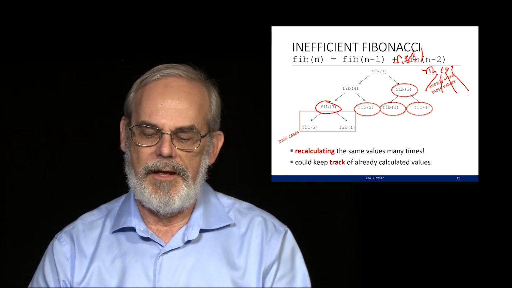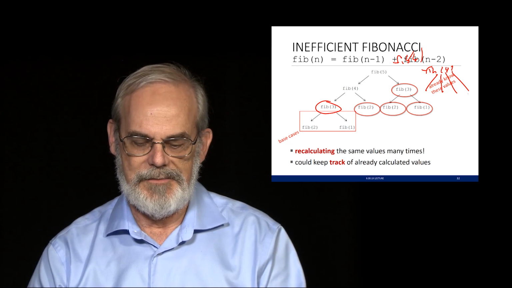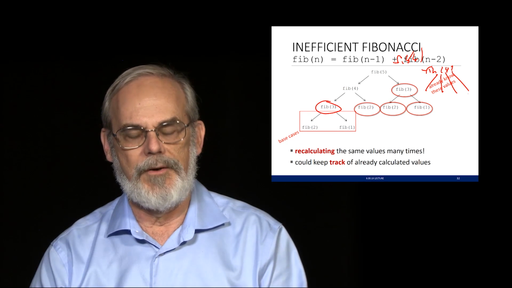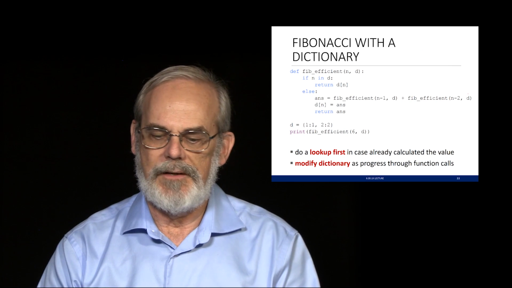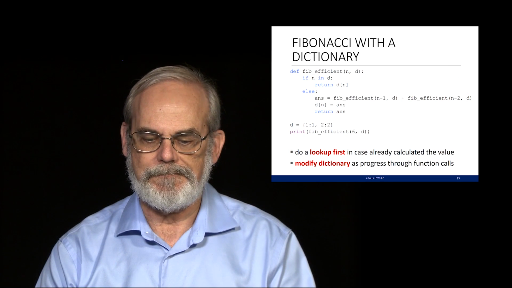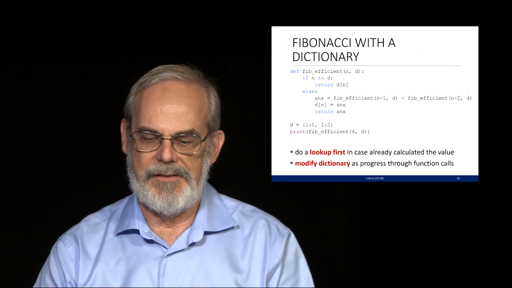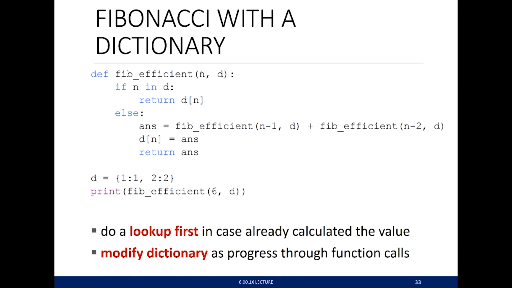Rather than recalculating the same value many times, let's just keep track of what I've already done. So here's a nice version of fib that's very efficient. And it basically says, I'm going to compute the nth Fibonacci number, but I'm going to give it a dictionary. And what I'm going to do is say, if I'm computing this Fibonacci number for the first time, I'll do the work as I normally would, and then I'm going to store it into the dictionary.